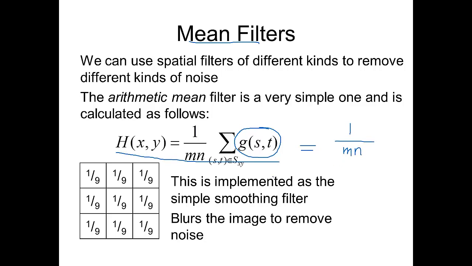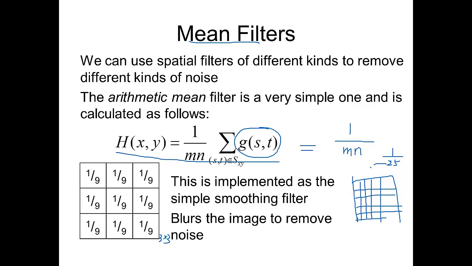For example, for the 3 by 3 H, the H matrix is like this one. For the 5 by 5, the value for each entry in H is 1/25.